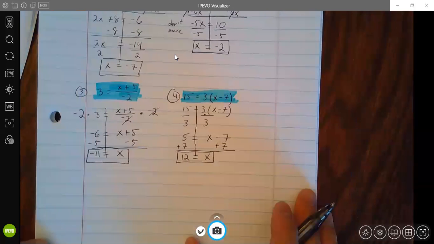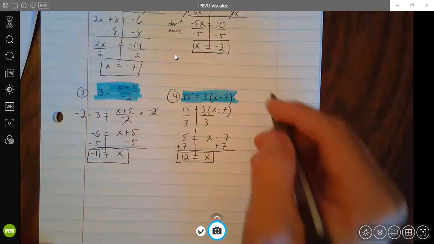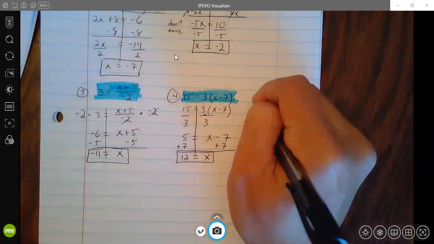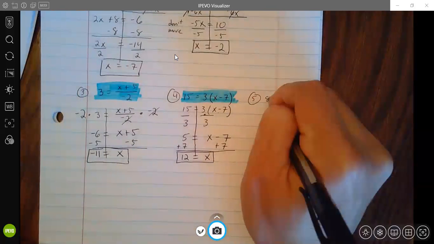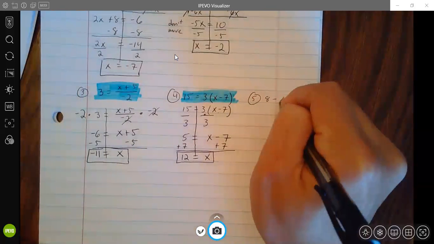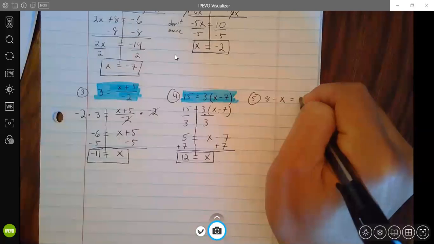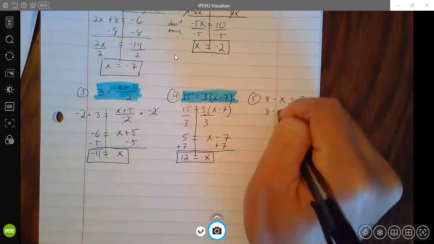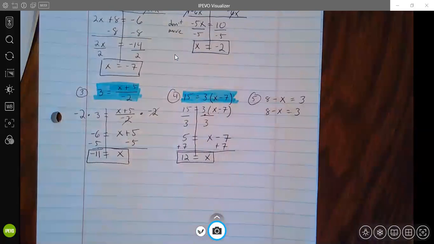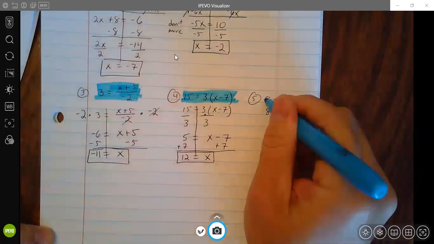All right, so we've seen ones like the next one before, but I don't think it looked like a one-step equation. Okay, so 8 minus x equals 3. So this one looks like a one-step equation. It looks like we just have to move the 8. Okay.